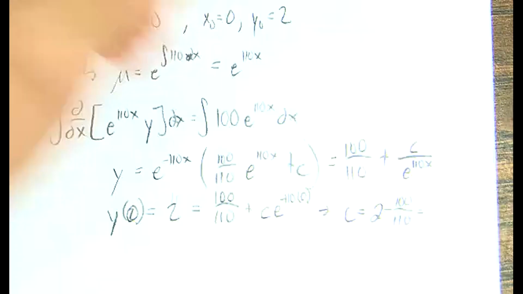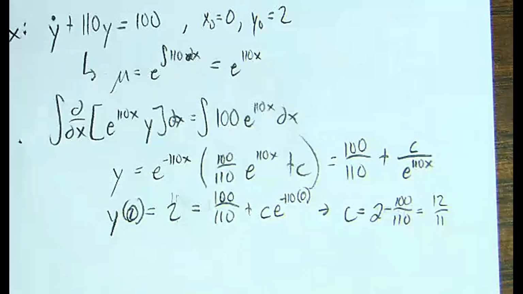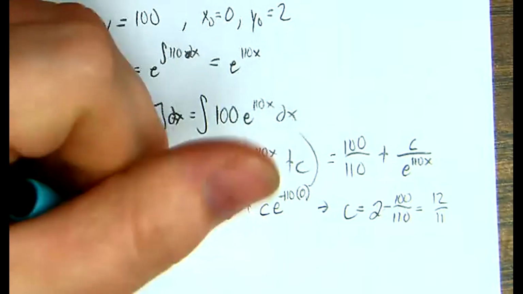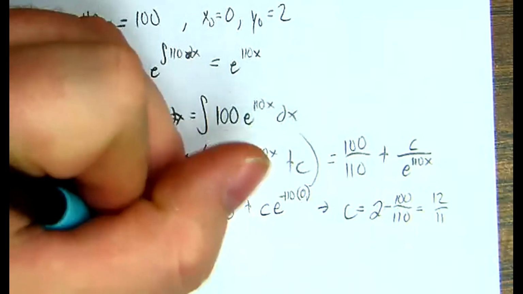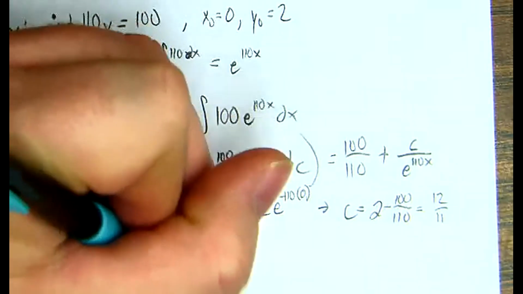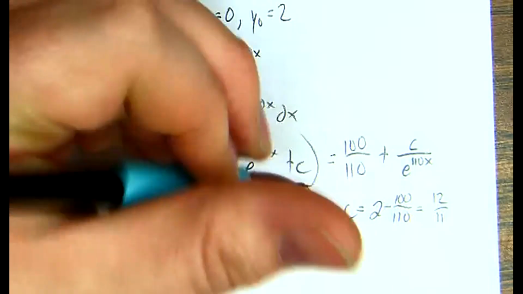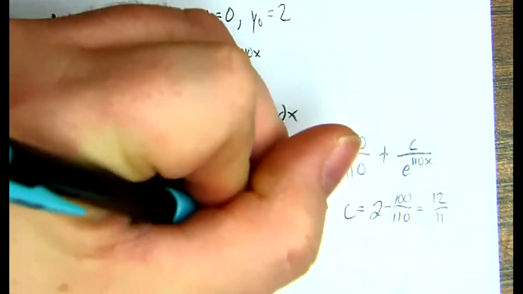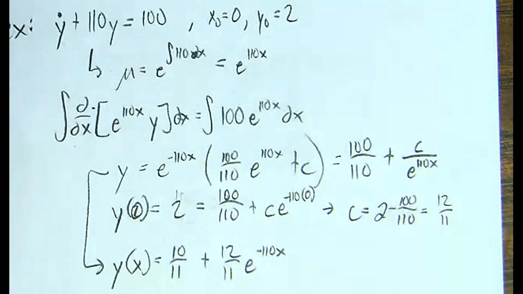I get 120 over 110, which is 12 over 11. So our exact solution then is y of x is equal to 10 over 11 plus 12 over 11 e to the negative 110x.